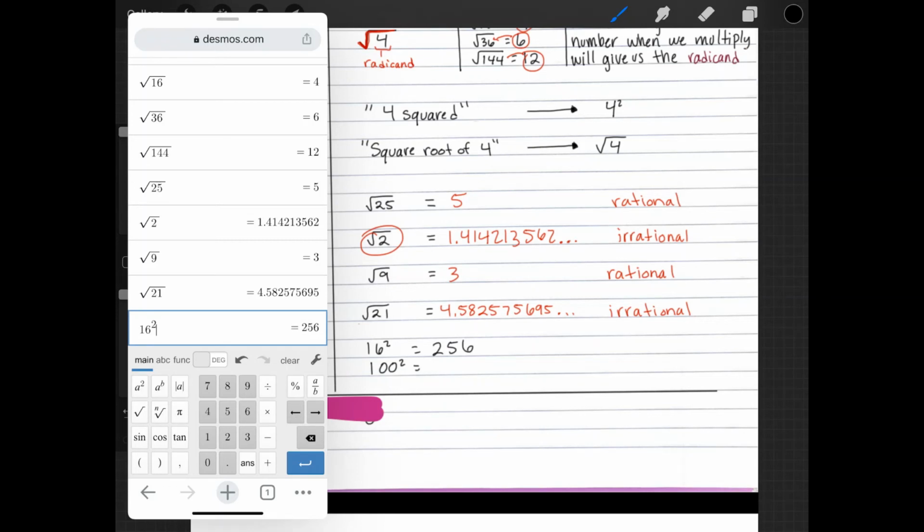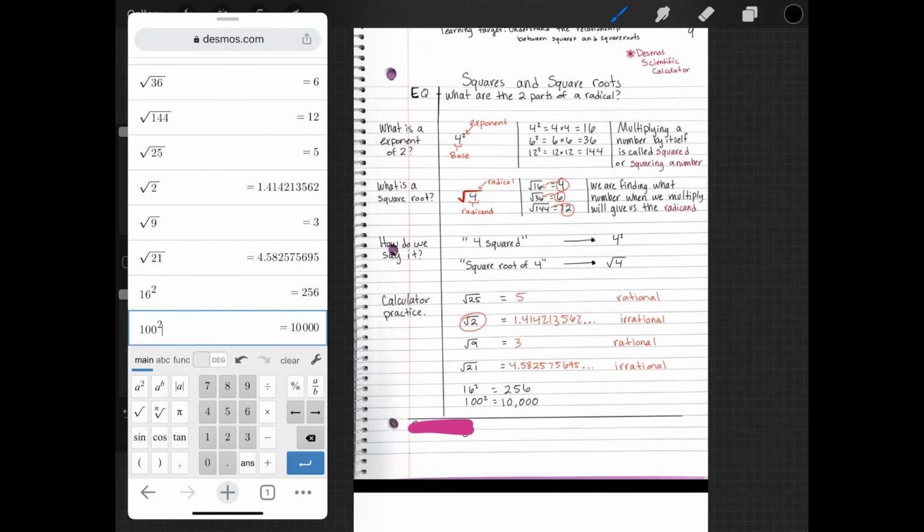So 16 squared is equal to 256, and then 100 squared is, oh, that's a big number. All right, so that's how you do the square and the square root on the Desmos.